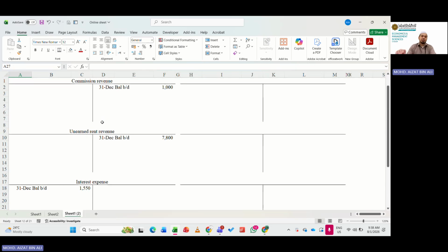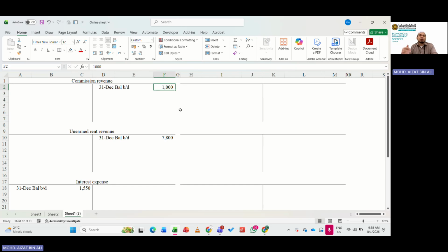Next, we need to make the adjustments. Look at the adjustments. Commission revenue earned for the current period is 1,100 ringgit. We have commission revenue, the amount that we received and already recorded, 1,000 ringgit. Next, it says the amount that we actually earn.